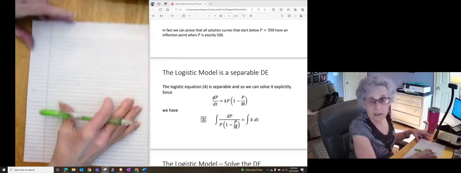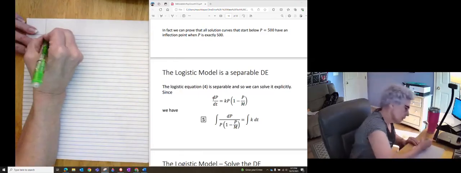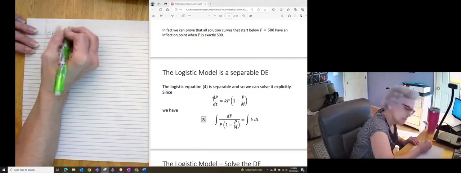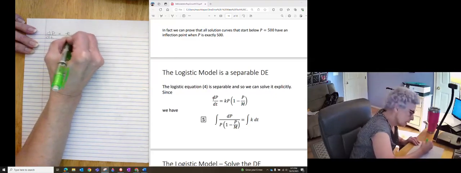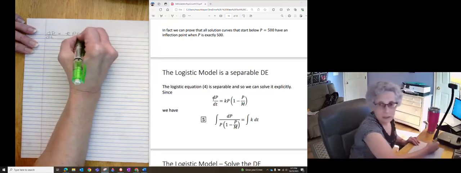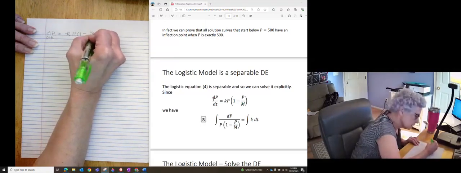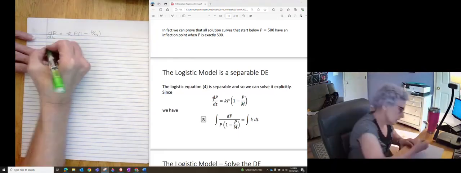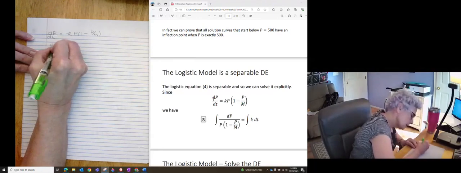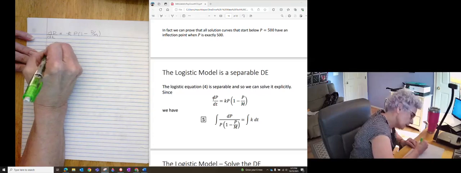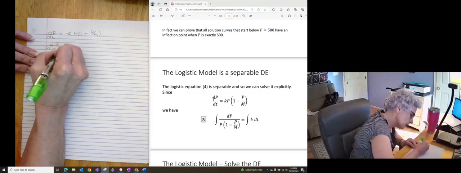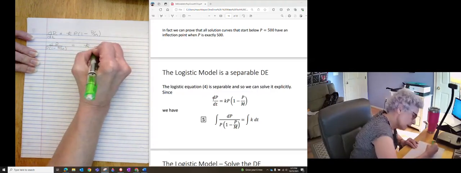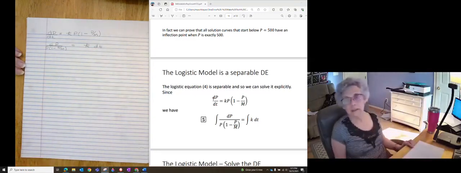So let's look at this separable differential equation. dP/dt is equal to some constant k, P, times 1 minus P over M. So we separate it. dP over P times 1 minus P over M is equal to k dt.